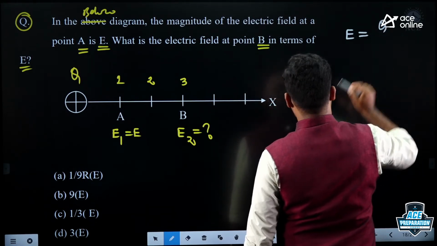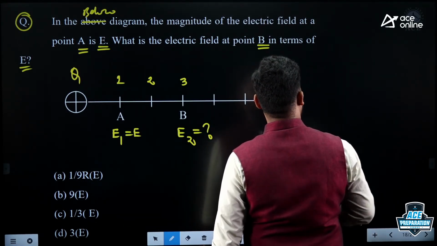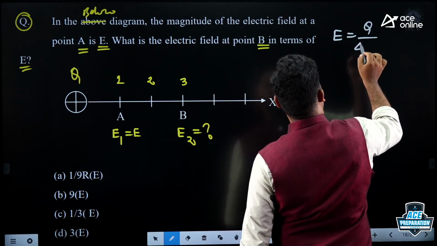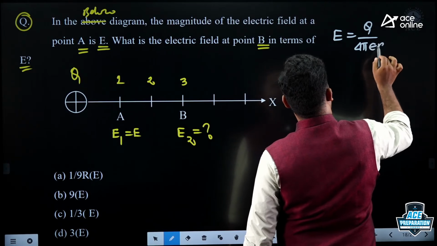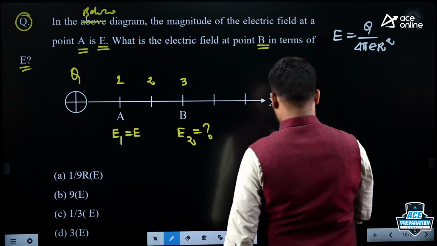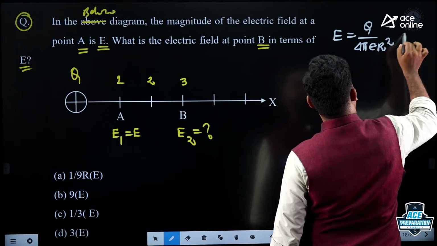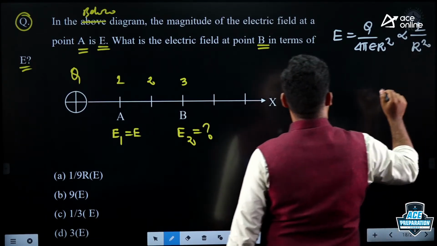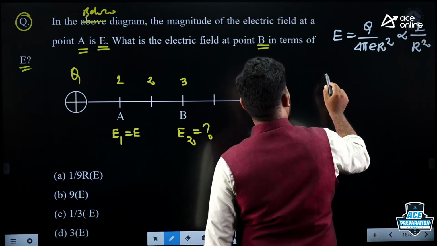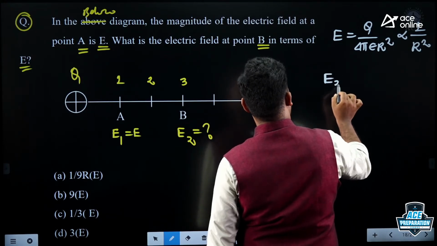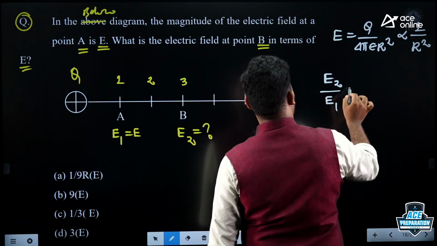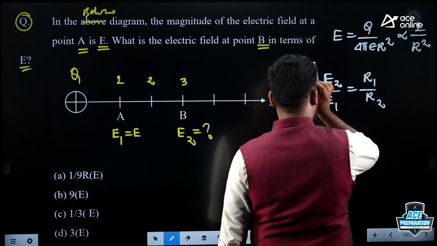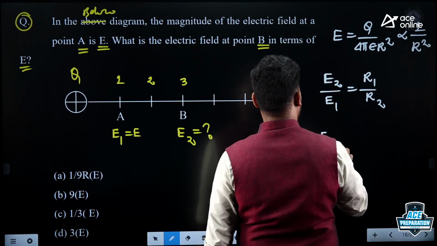E is equal to Q by 4 pi epsilon r square. This is 1 by r square. So we know that E2 by E1 is equal to (R1 by R2) whole square.